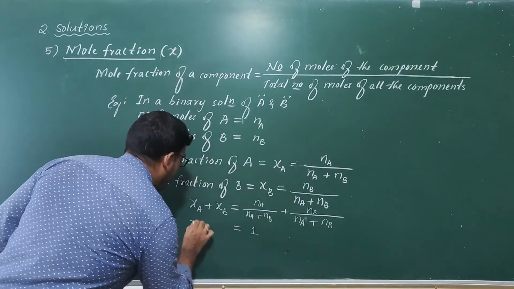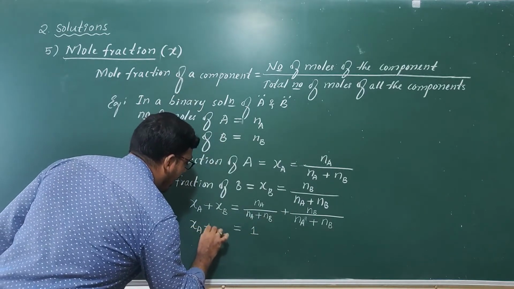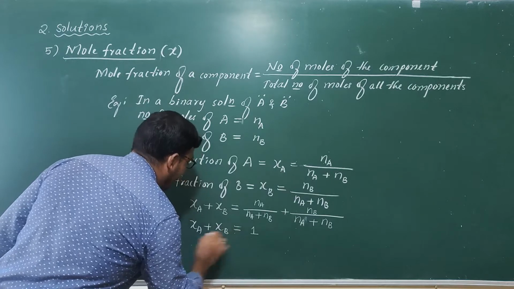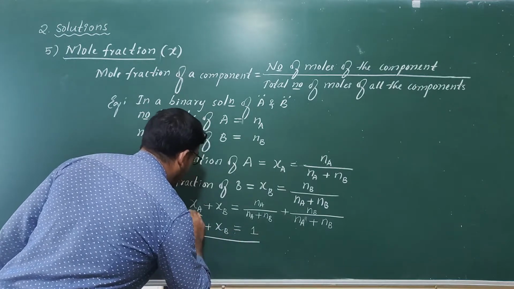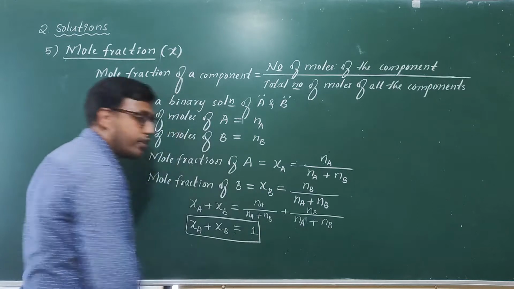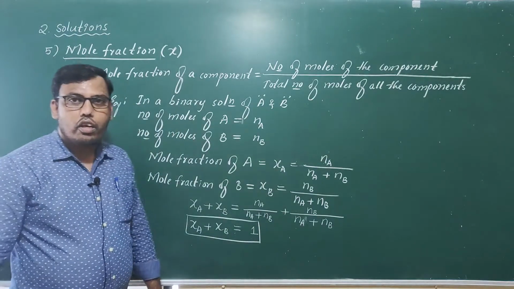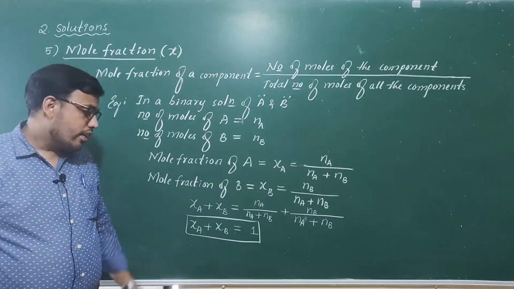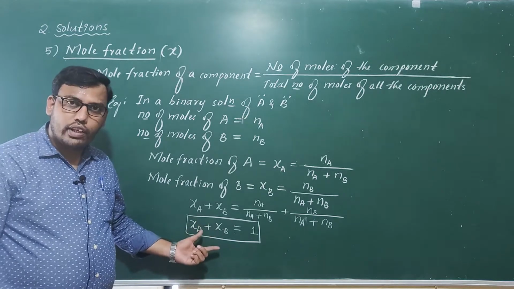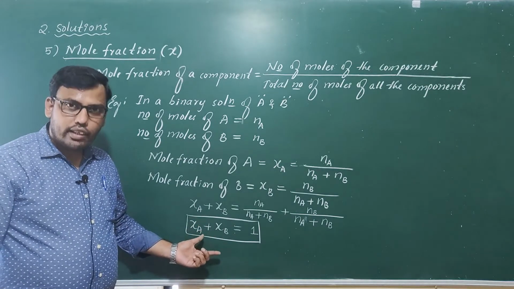So the mole fraction of all the components present in a given solution is always equal to 1. Mole fraction of all the components, not only two components; here it is two because I have taken a binary solution.